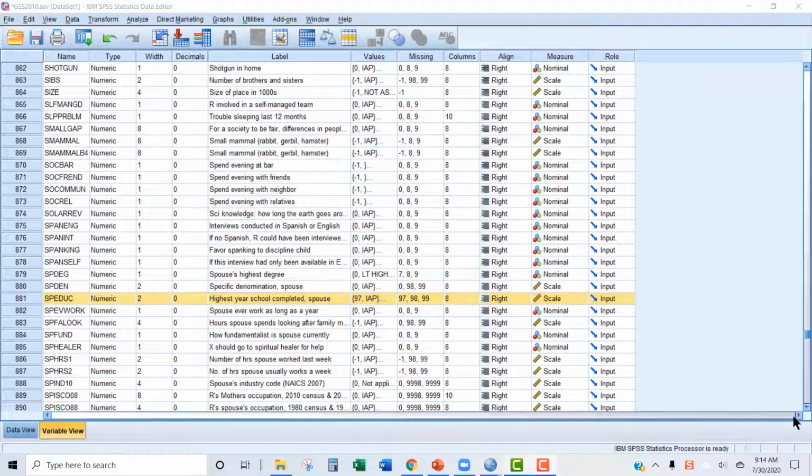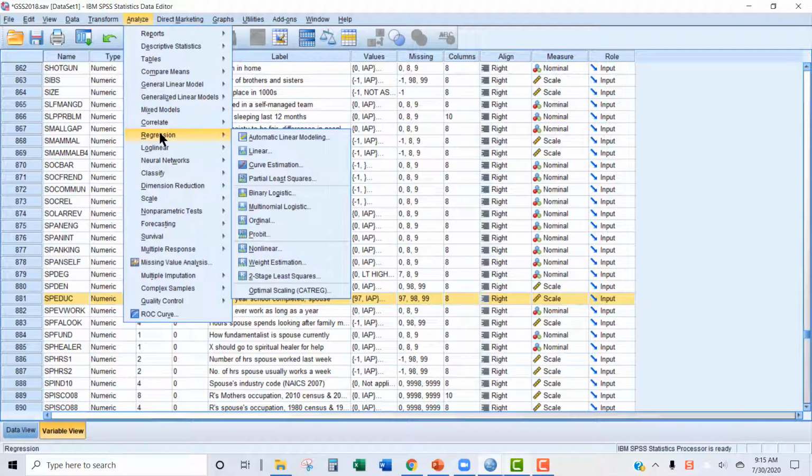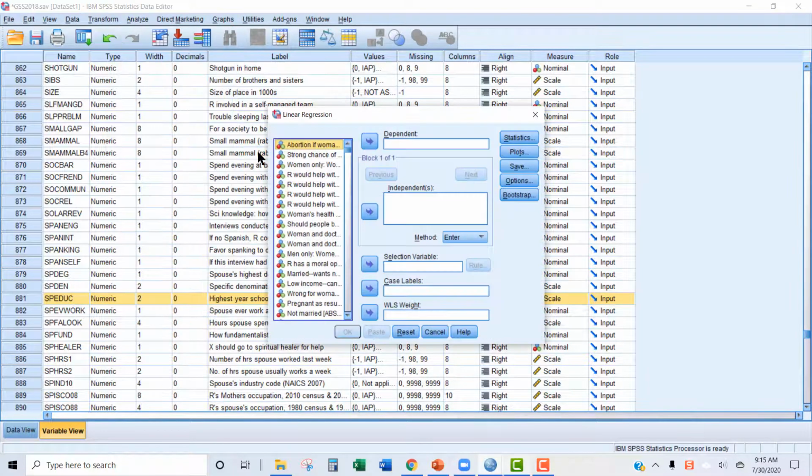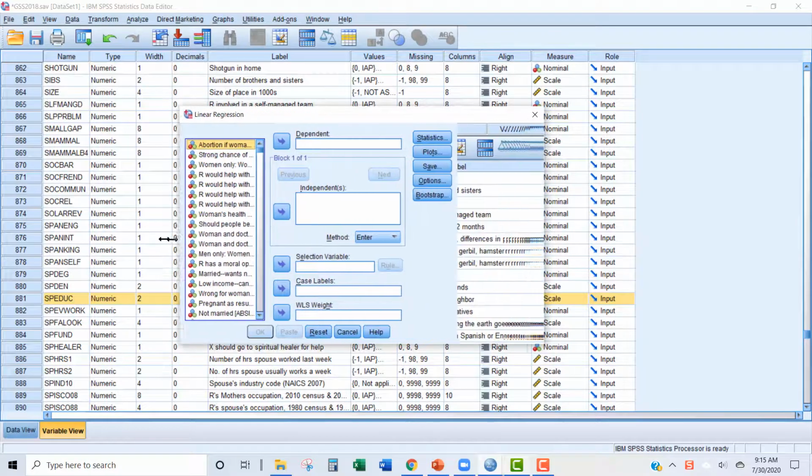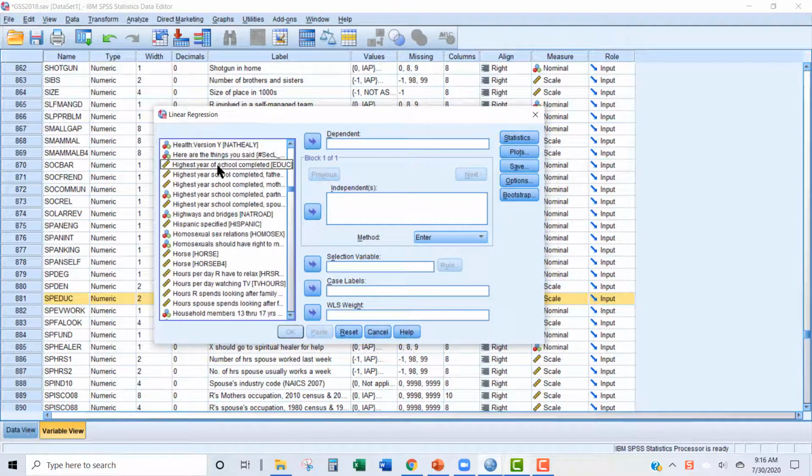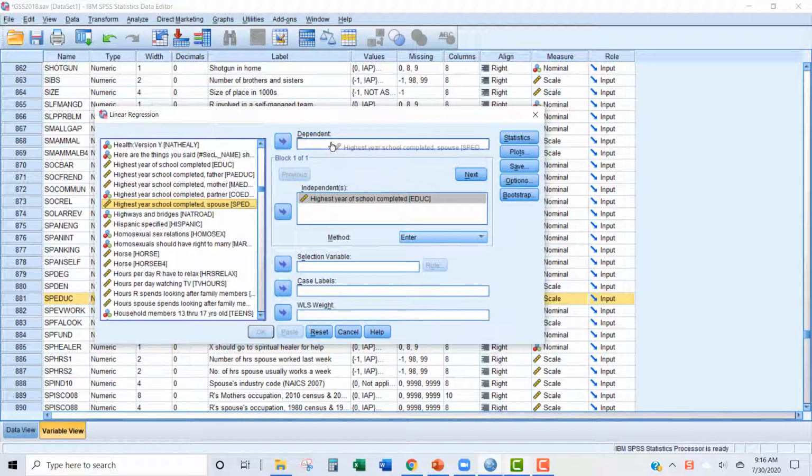Let's go one step further and let's run a linear regression to understand the relationship between these two variables. So we click on Analyze, Regression, and then Linear. Let's find education. Highest year of school completed. Let's put that in the independent, and then the one for the spouse in the dependent. And then click OK.